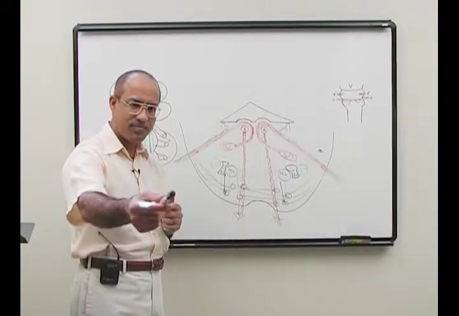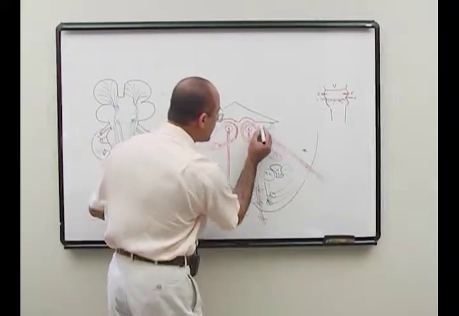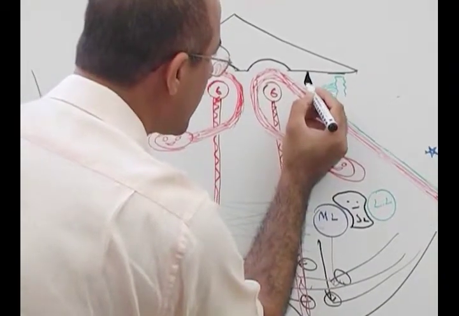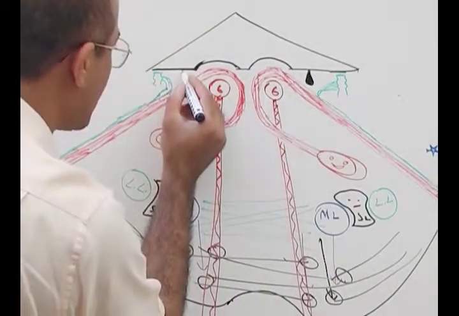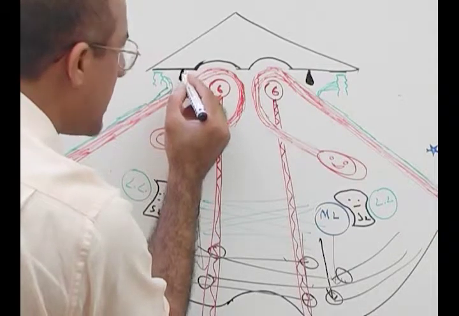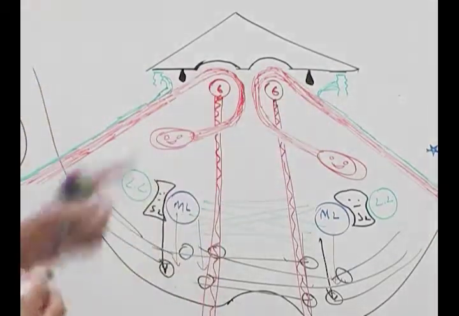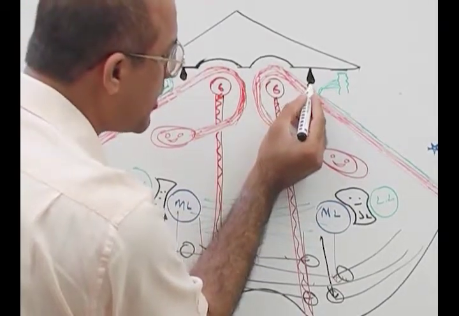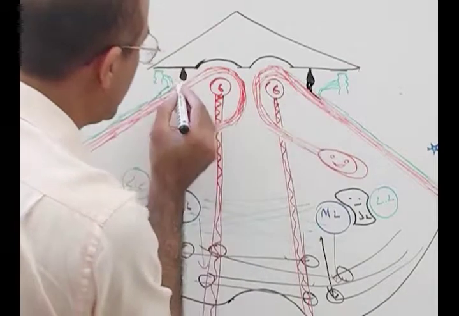Am I clear? Right. So actually here is a special nucleus, looking like a drop, maybe a drop of saliva or a drop of your tears. Now this nucleus is a parasympathetic nucleus which is supplying parasympathetic motor fibers to the facial nerve. Is that right?